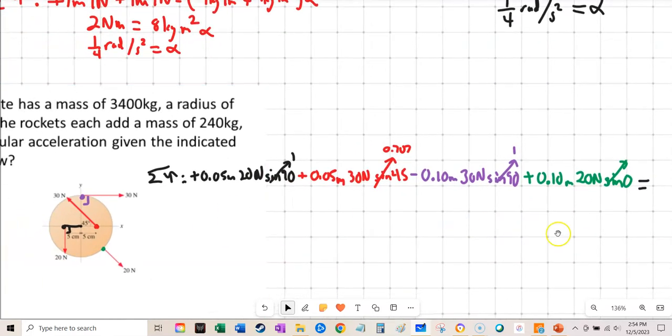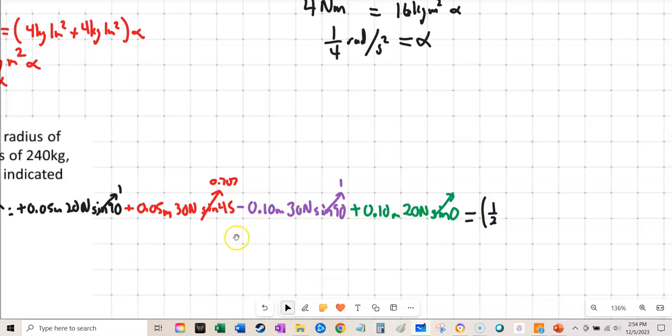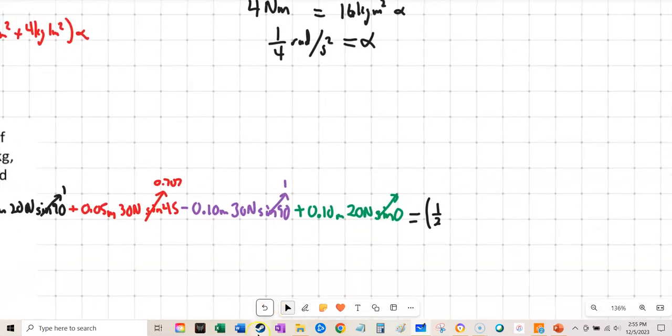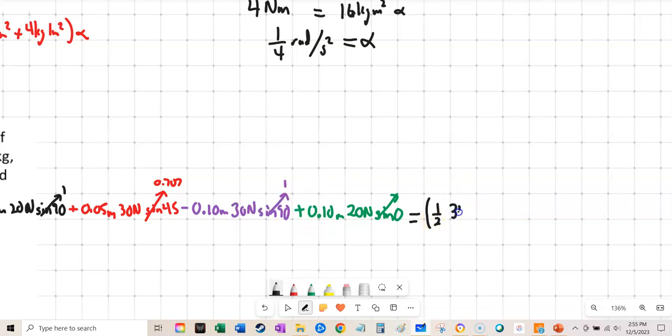You have the disk itself, which is 1/2, and the mass of the disk is 3,400 kilograms. And it's got a radius of 0.10 meters that we're going to square.